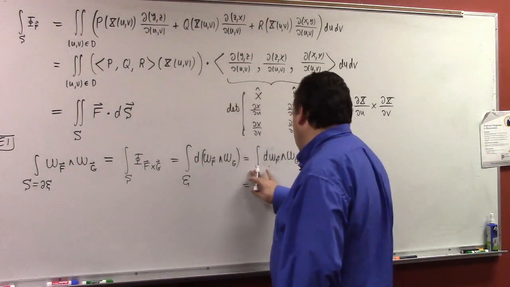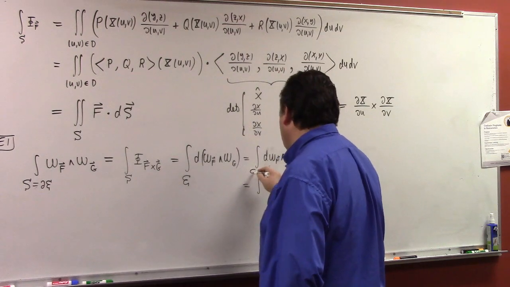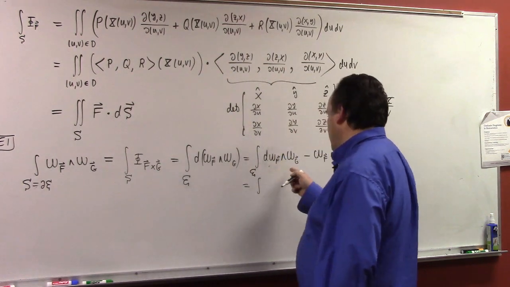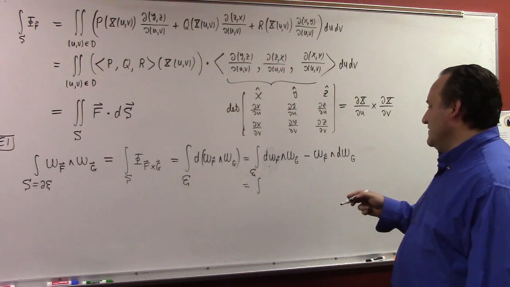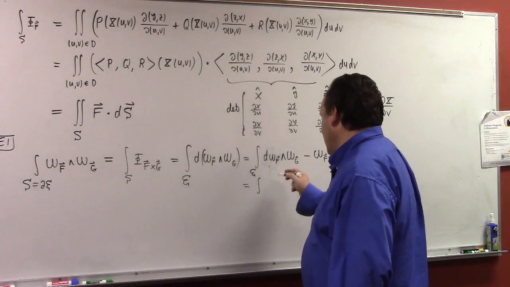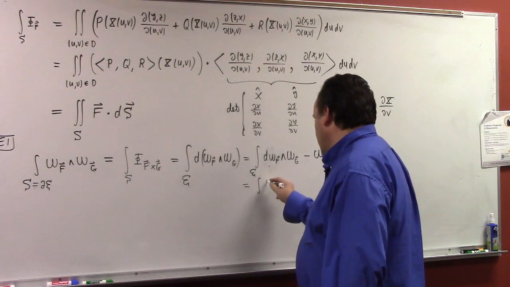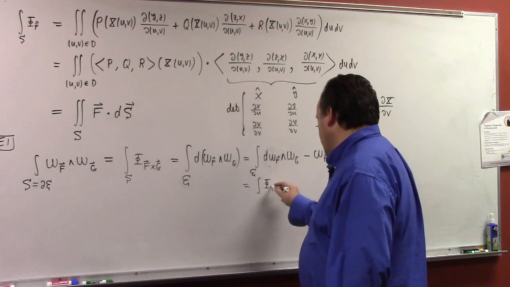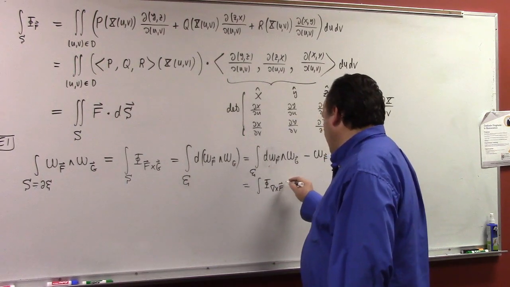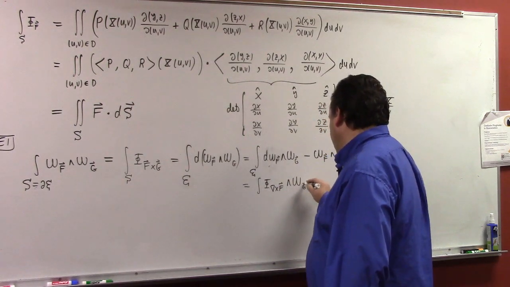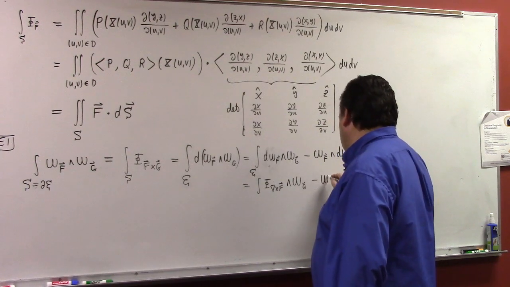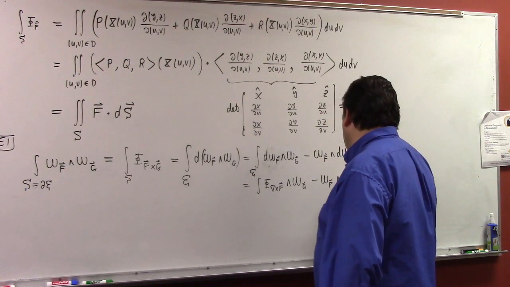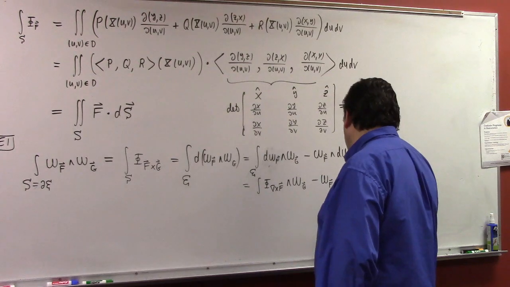That'll make more sense because I was about to say, wait a minute, how can I integrate? This is a 3-form. What am I doing? But here it is. You've got the flux form of the curl of f wedge with omega g, minus the work form wedged with the flux form of the curl of g.